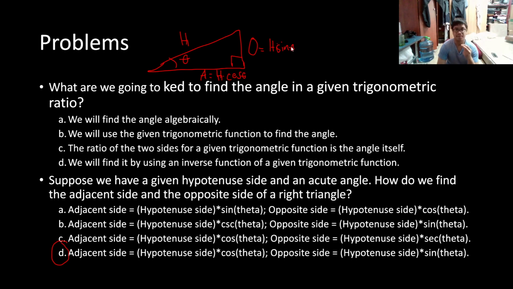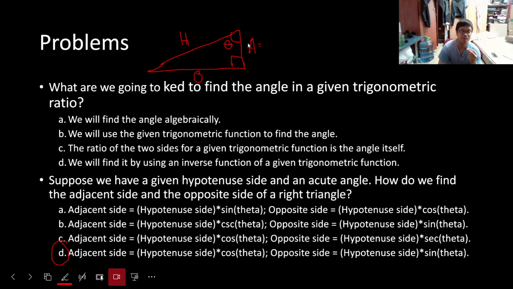sine theta, right? Also, that's the same thing if the acute angle is from above, right? Like it's here, right? So if we refer to that angle, that's the angle above. Of course, what happens is that the representation of the legs of a right triangle are switched, where this side is already the adjacent and the bottom is the opposite.